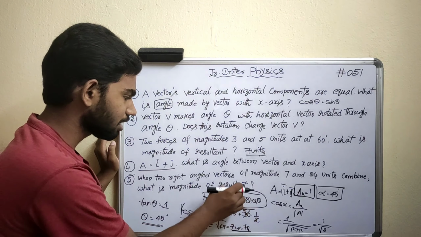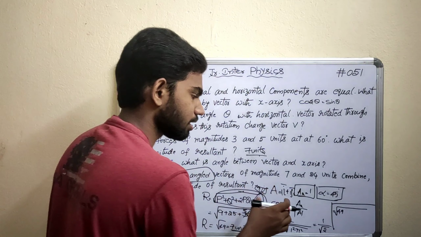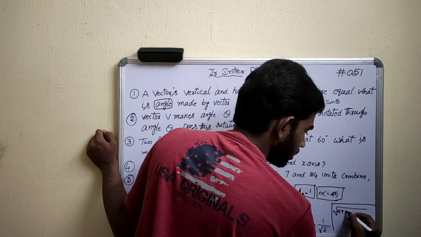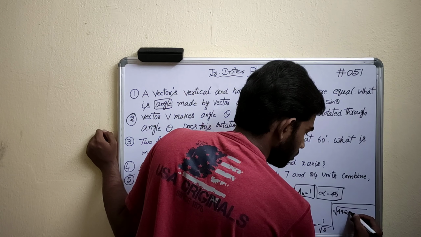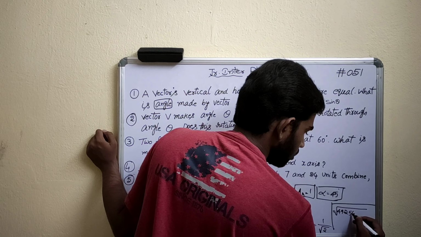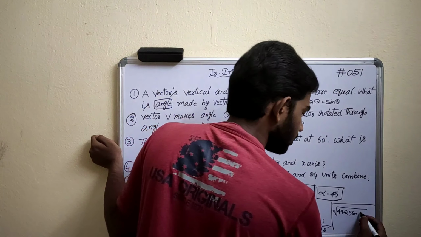So here we can substitute the 90 degrees and follow the same steps. So I am writing here 7 square, that is 49, and 24 square, that is 576, plus cos 90 will be 0 and the whole term will be 0.